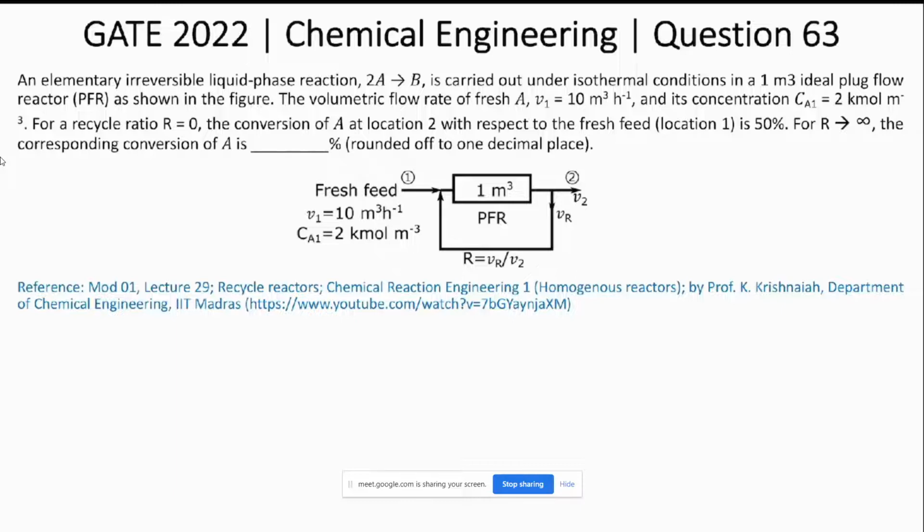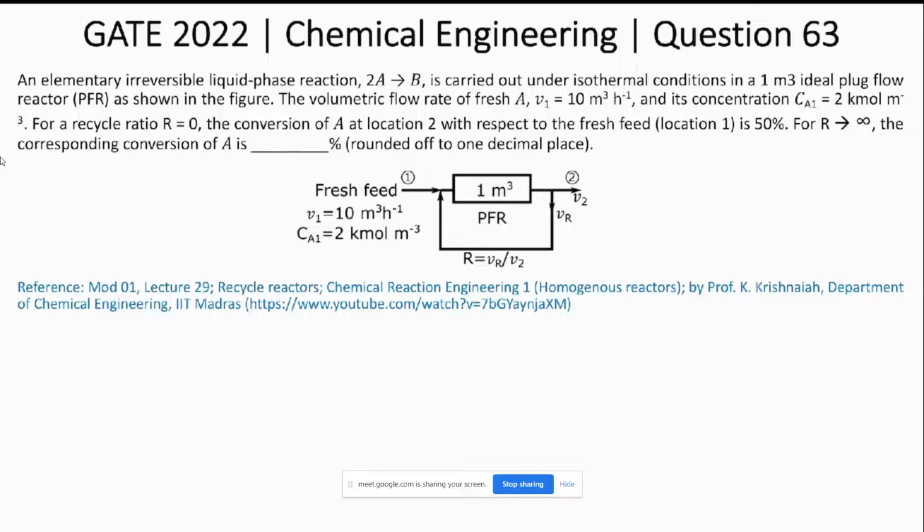And when the recycle ratio is infinity, a recycle reactor basically acts as an ideal CSTR, so the basic design equation for CSTR will be applicable for the R equal to infinity case.